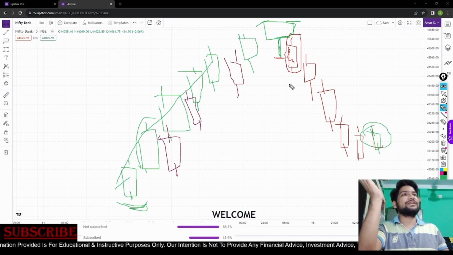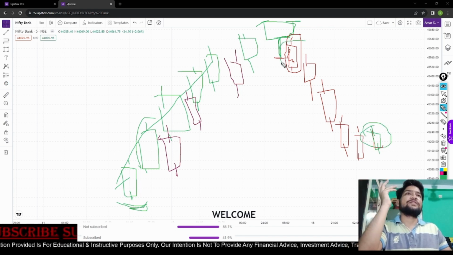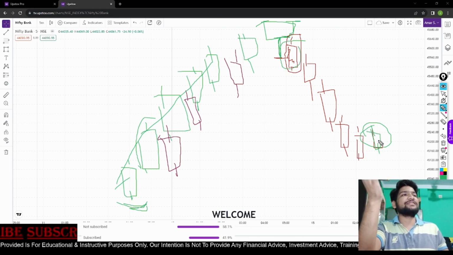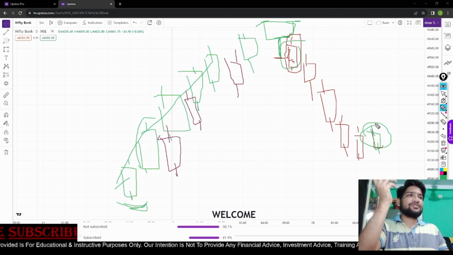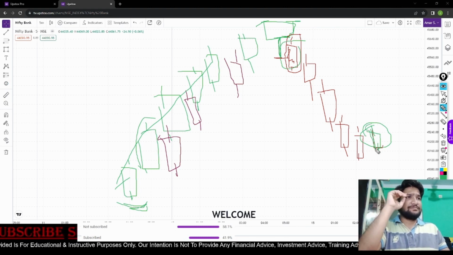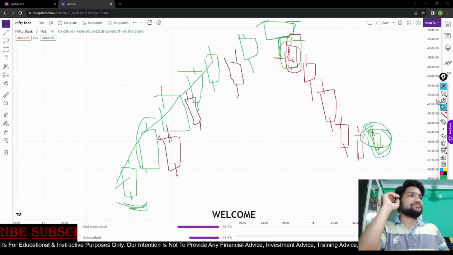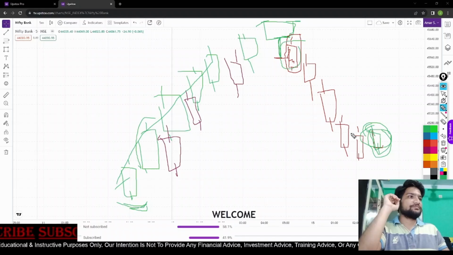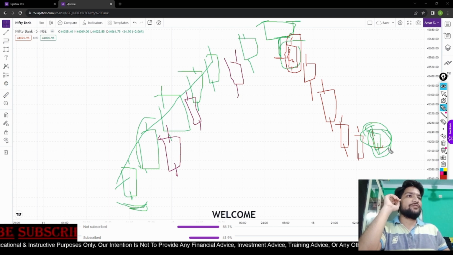Profit booking means simply, if a seller sold at this particular position, and if he wants to book his profit, then he will buy. That's why a green candle forms, and the market may fall further from this position, making new lows, right?